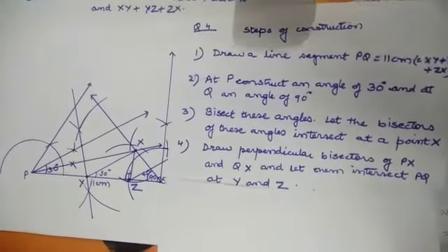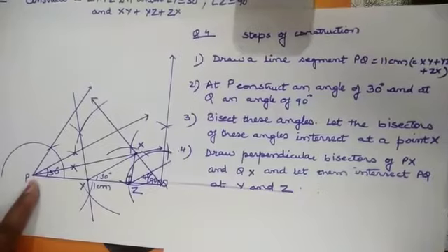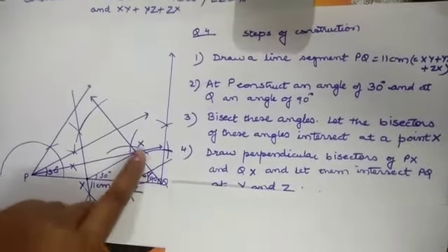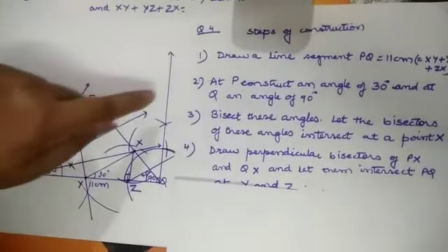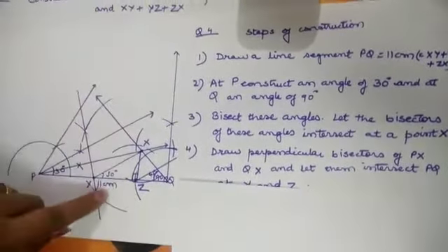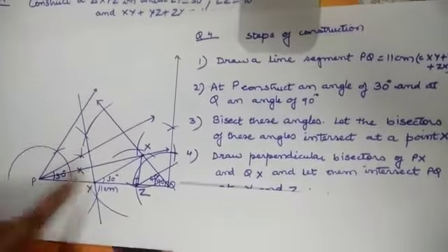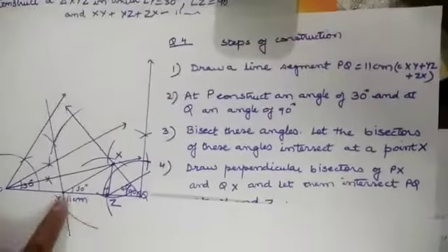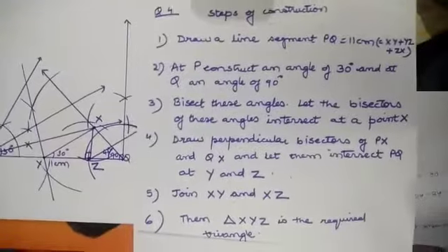Now in the fourth step, what you did was you have drawn the perpendicular bisectors of the line segments PX and QX. This was the bisector of PX and this was the bisector of QX. And these two bisectors are meeting PQ at Y and Z. See?